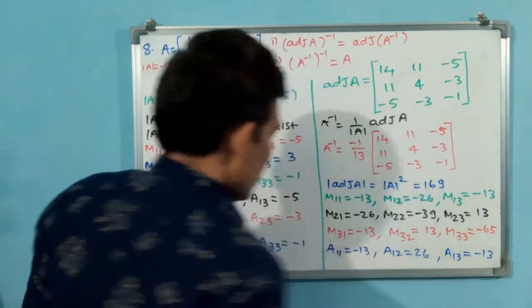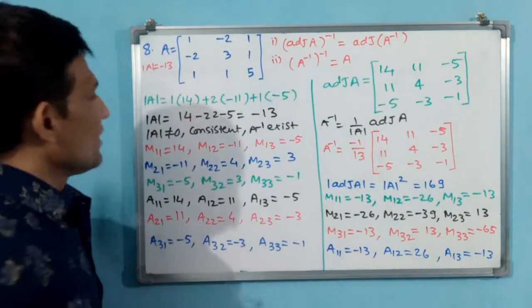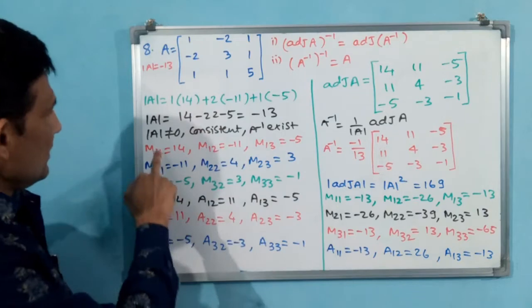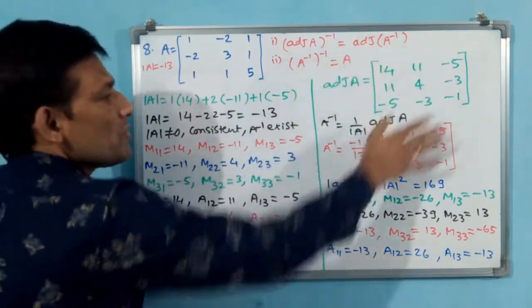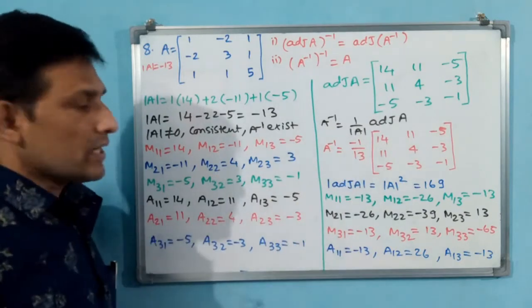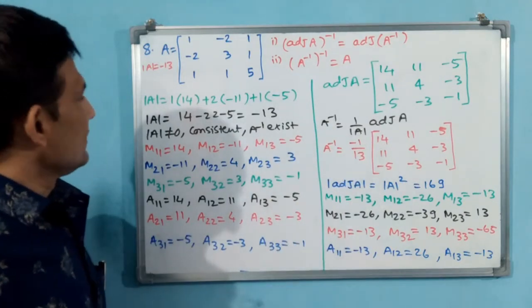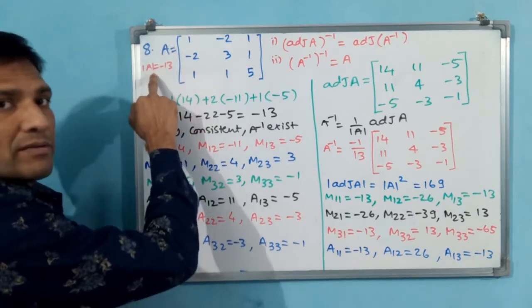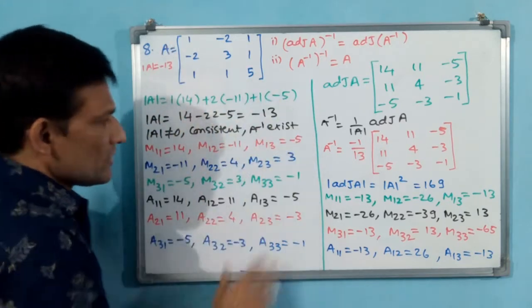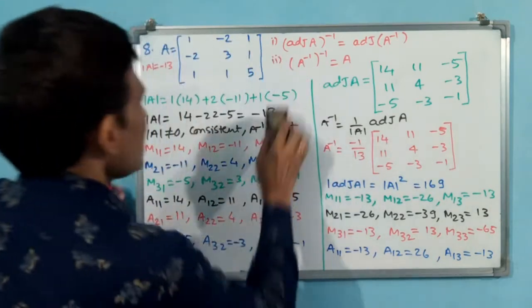Now the remaining cofactors we are going to write here. I am going to remove this, because we have already received this. Determinant is required, and I have already written the determinant, minus 13. I am going to remove this and the remaining cofactors we will write here.